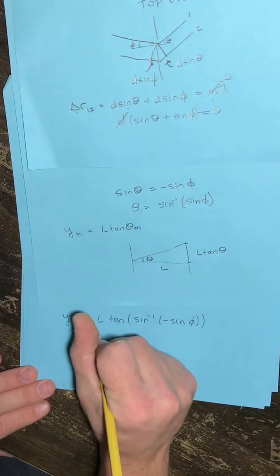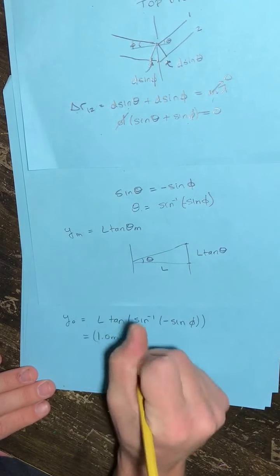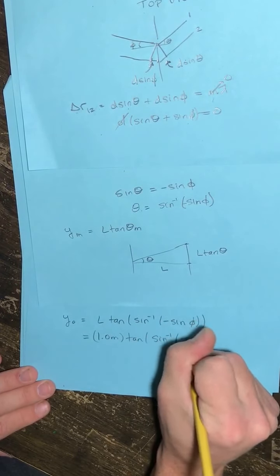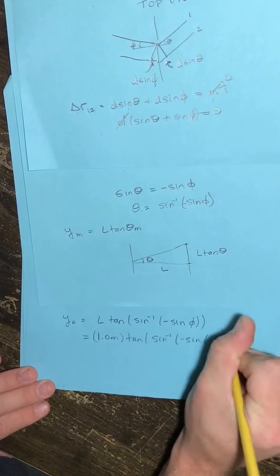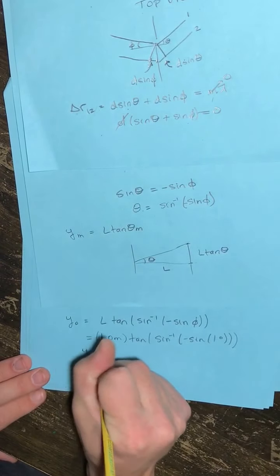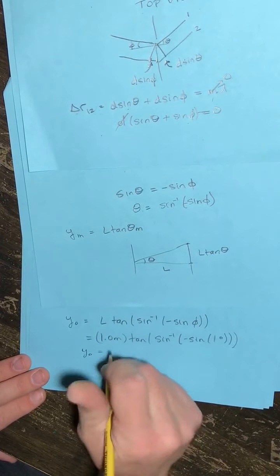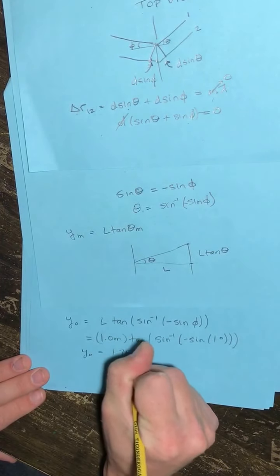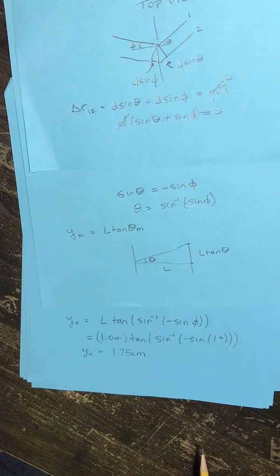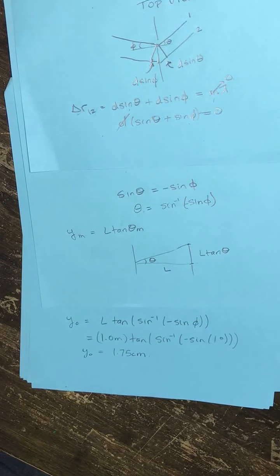L is 1.0 meters times the tangent of the sine inverse of minus the sine of 1 degree. And this gives us a coordinate for the position of the central maximum of 1.75 centimeters. And notice in this particular case that it does not depend on the slit spacing d, but instead just the angle of incidence phi that the laser is incident on the slits on the left-hand side.